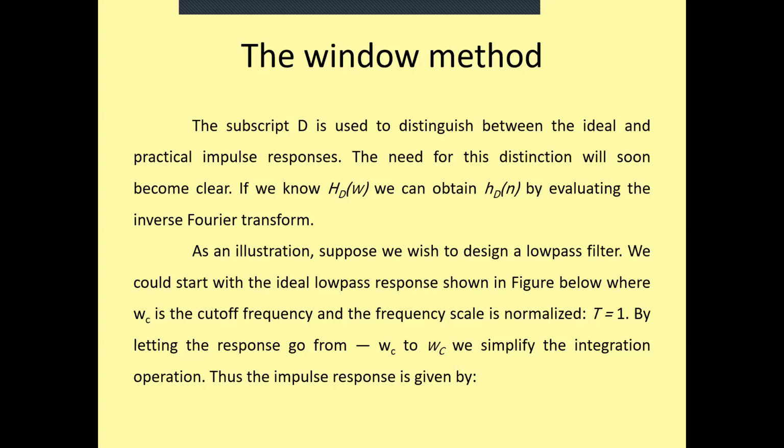Well, now we could start with the ideal low pass response shown in the figure below, where omega c is the cutoff frequency and the frequency scale is normalized to T equal to 1 by letting the response go from minus omega c to omega c. We simplify the integration operation, thus the impulse response is given by.